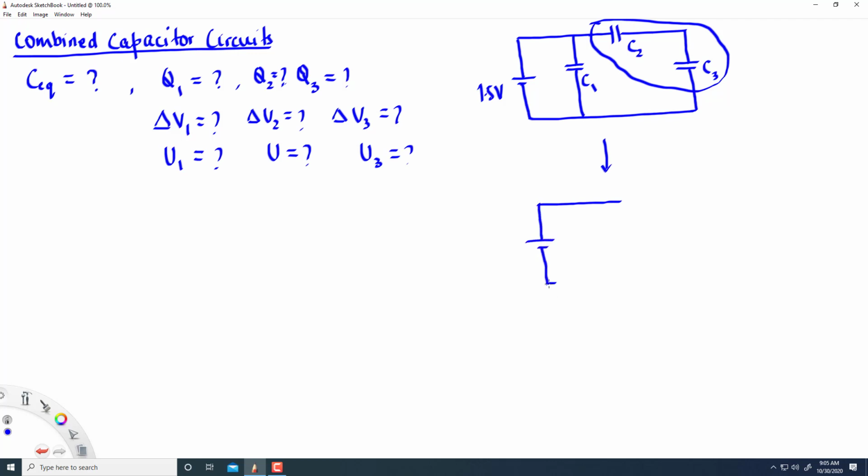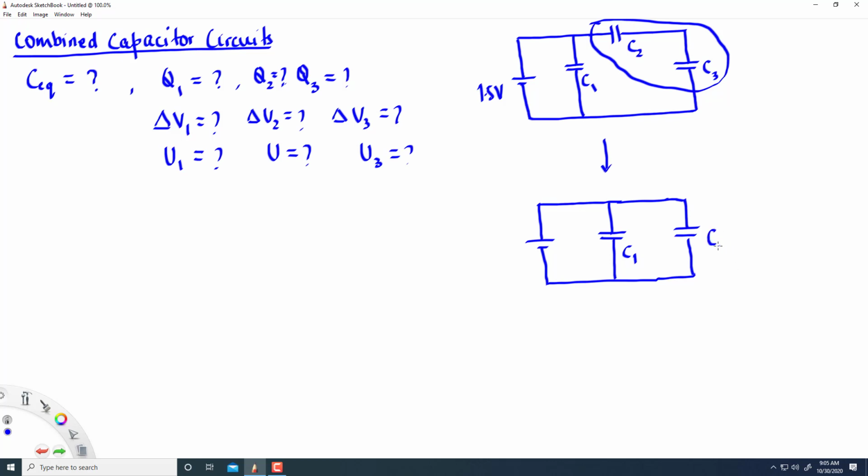We can replace the 2 capacitors by their equivalent capacitor. So you can place the equivalent capacitor anywhere between this part, okay, anywhere, wherever you like. So let's put it here. So this would be C equivalent of those 2.